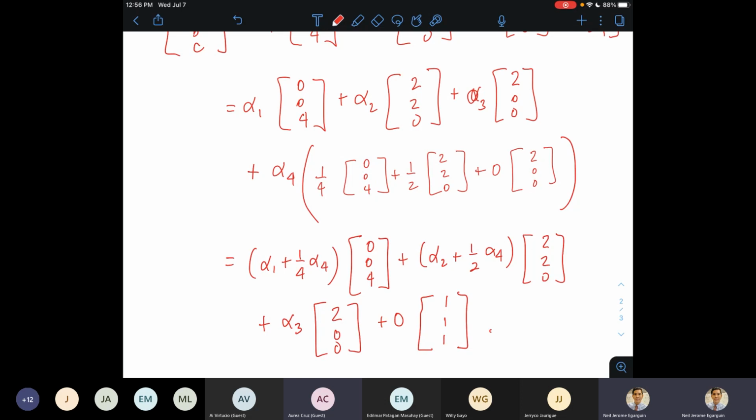Do you agree? Is my simplification right? It's been a while since I did calculations like this. Is it right?